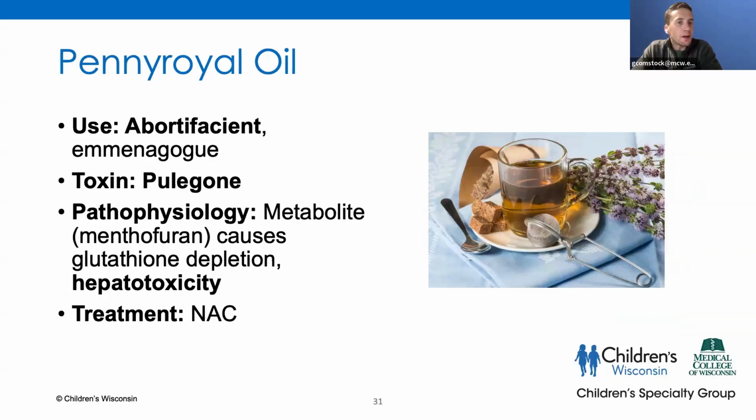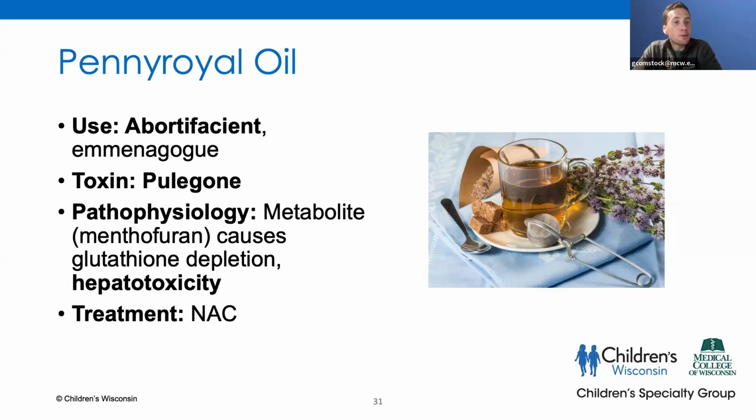Pennyroyal is the next one to talk about. So also a terpene, used very differently from camphor. Historically and unfortunately still presently, it is occasionally used as an abortifacient. And a term that I learned for the first time as I was putting this talk together, an emmenagogue. And so it increases blood flow to pelvic and GU structures. And that's probably the way in which it would work as an abortifacient.